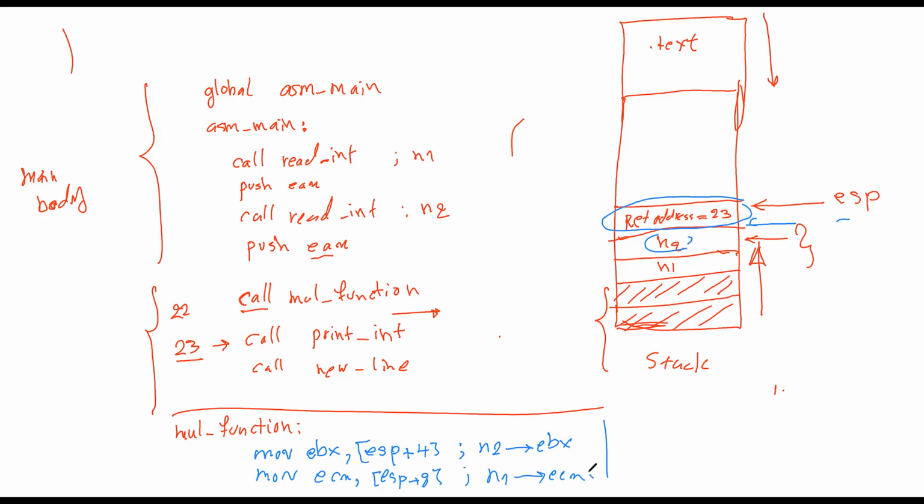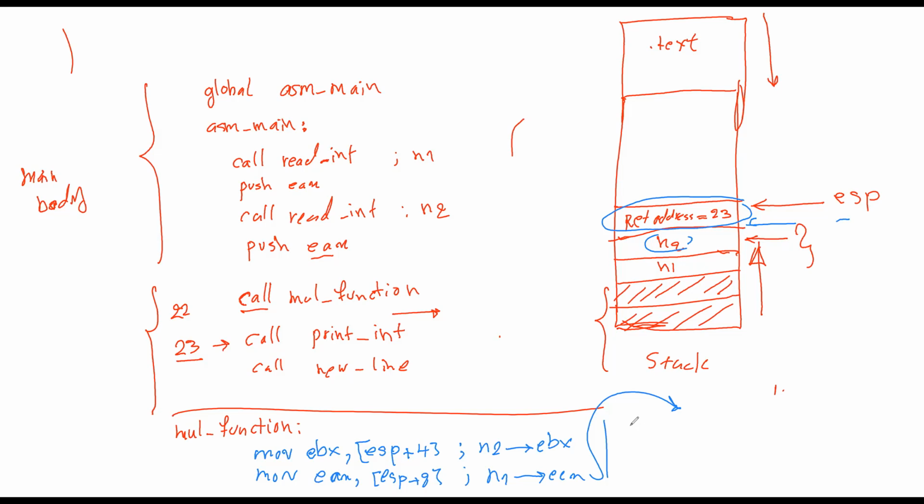Then the next line of your program simply would be IMUL EBX and ECX, which is going to go to the EAX register. So let's put this one into the EAX register, because if we use IMUL, we assume that one of the elements is in the EAX register, right?